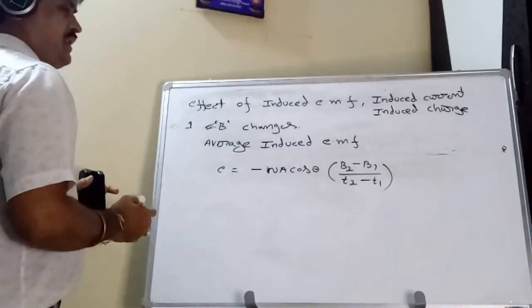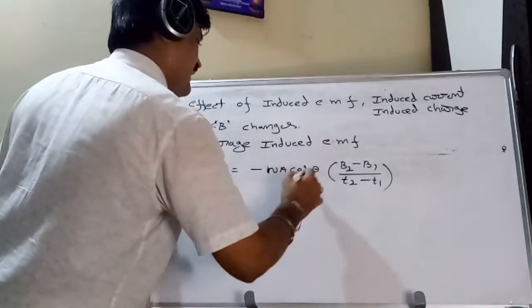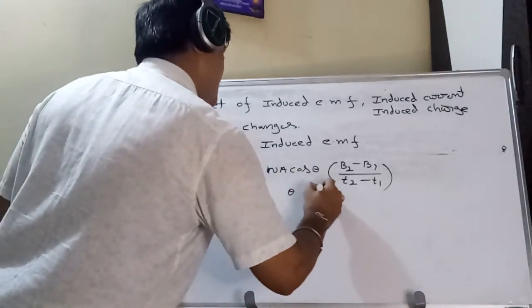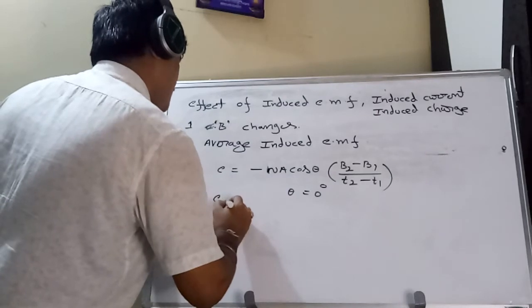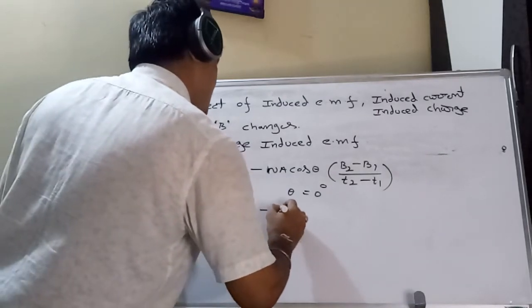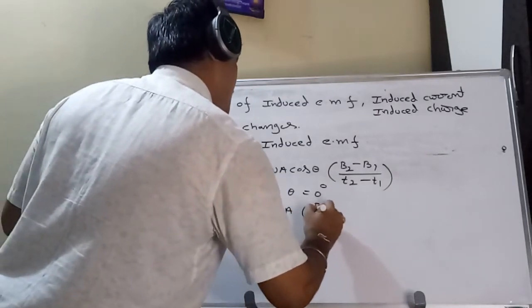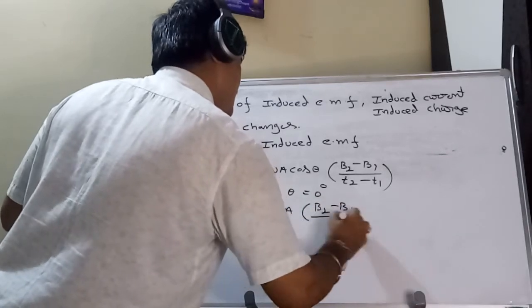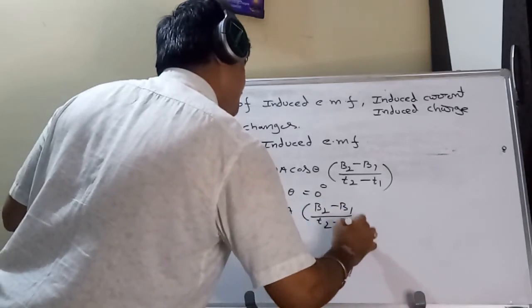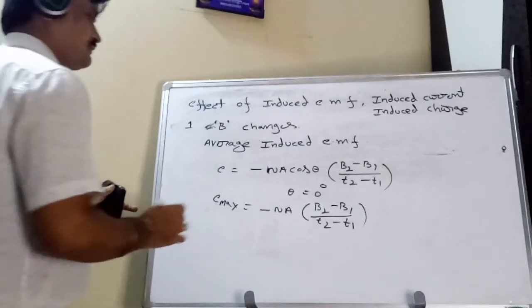Here theta equal to 0 degrees gives the maximum, which is equal to minus N A into B2 minus B1 by T2 minus T1.